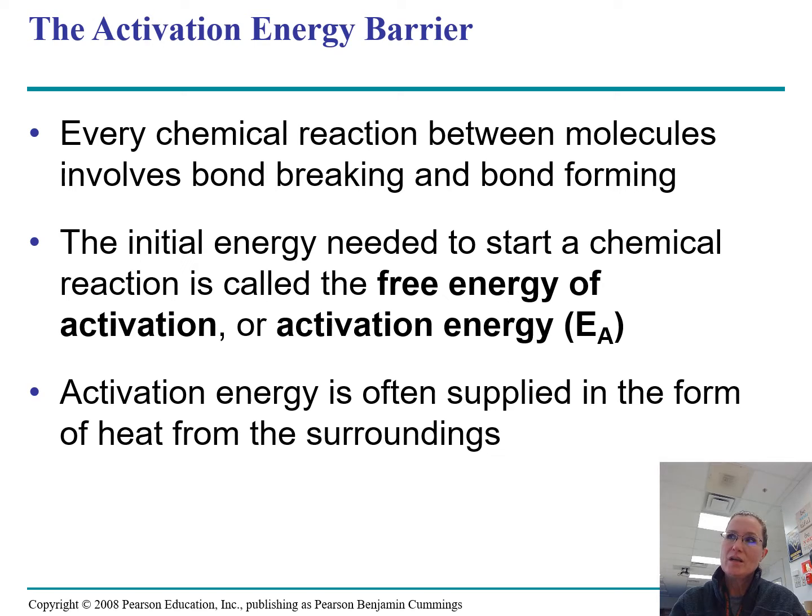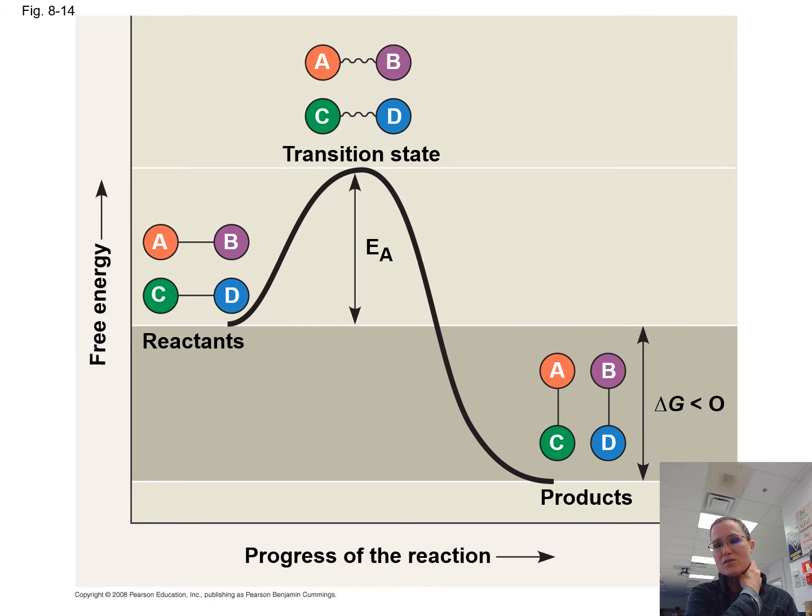It happens too slowly, so we want to speed up that reaction to break the lactose down. We have to get over a little hump called activation energy. You might have learned about this in chemistry as well. One of the things that helps us get over that is enzymes. This graphic shows that if we want to take our reactants and turn them into products, we have to get up over that hump of energy.